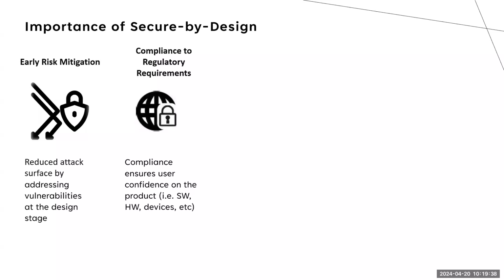It's a certification that they are doing their cloud services in a secured environment, implementing all the necessary cloud security protocols. Of course, an extension to ISO 27001 is ISO 27035, no? So compliance ensures user confidence in the product, the hardware, and the software.